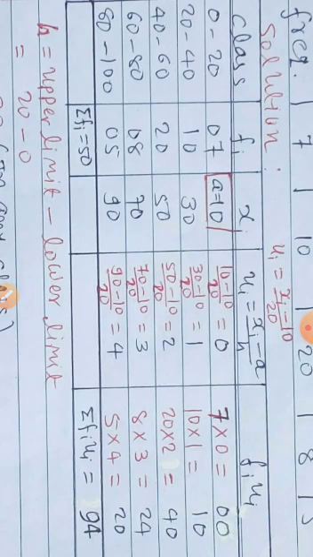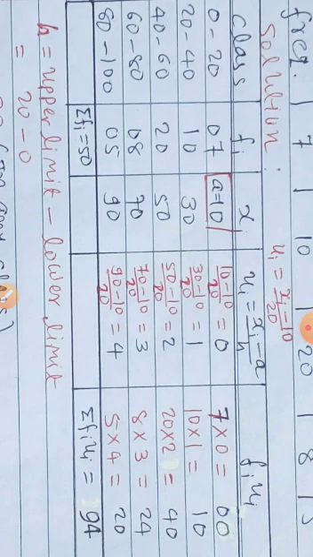So fiui: 7 into 0, 10 into 1, 20 into 2, 8 into 3, 5 into 4. Again I am telling you, any number multiplied by 0 is 0, not the number itself. So 7 multiplied by 0 is 0, do not write 7. All products are written systematically, and you can make the sum also there.